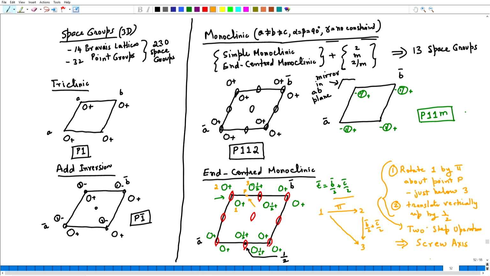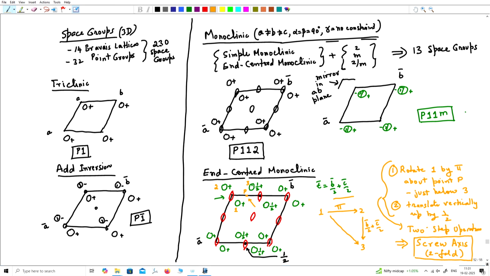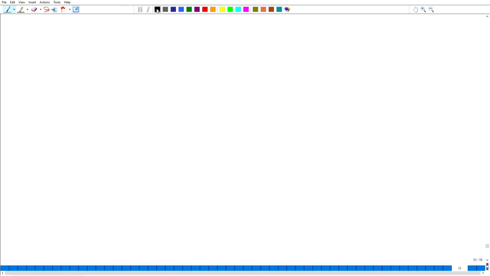And since it is a 180-degree rotation, it will also be called a two-fold screw axis. Let me try to show this in another sketch, the screw axis. Let us say this is a screw axis, a two-fold screw axis.